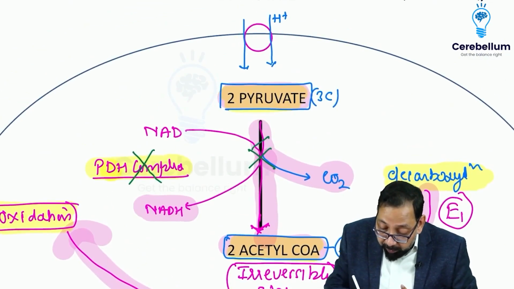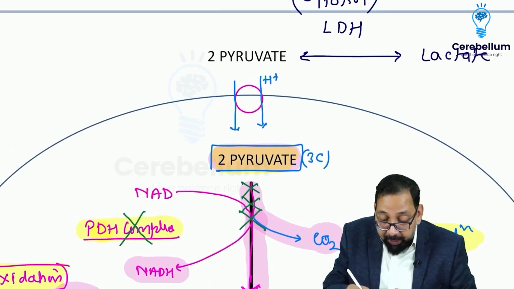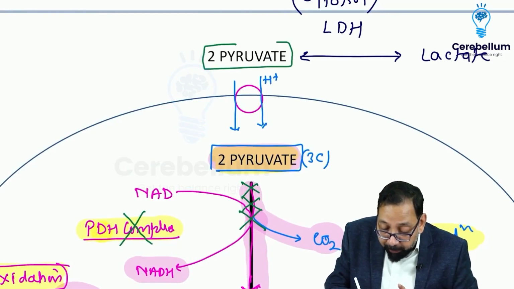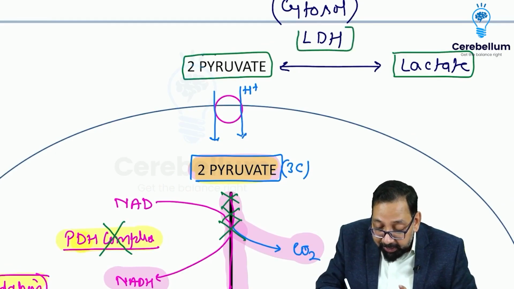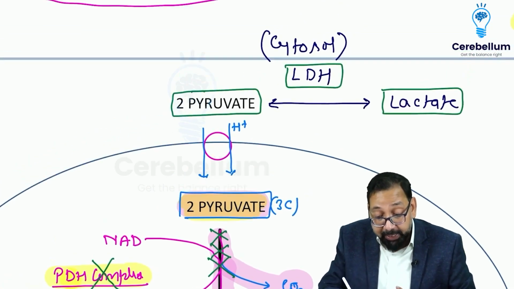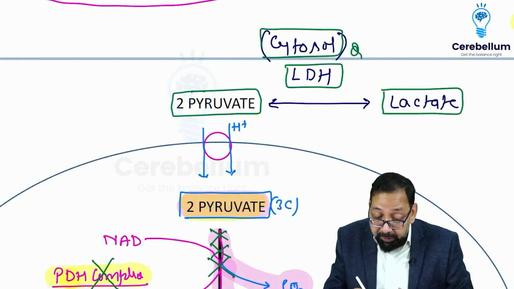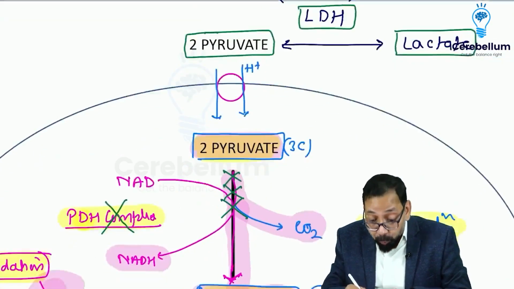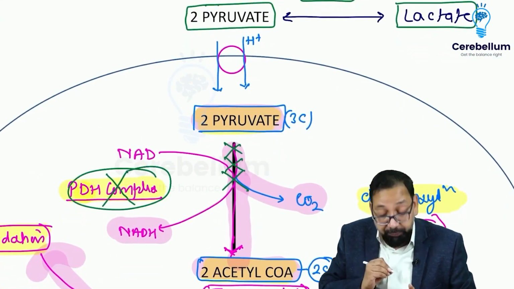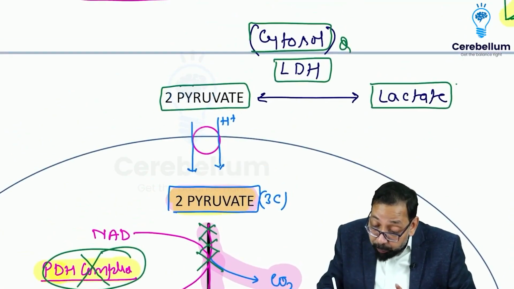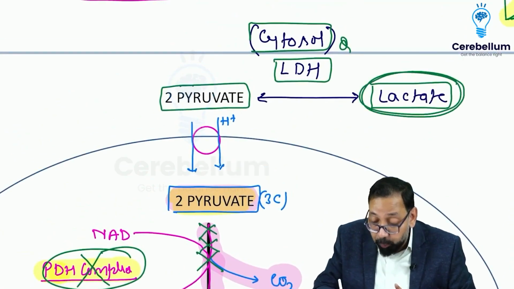Pyruvate will not be converted to acetyl coenzyme A. In cytosol, this pyruvate will be converted to lactate by the enzyme lactate dehydrogenase, which is present in cytosol. This will produce lactate, lactic acidosis.